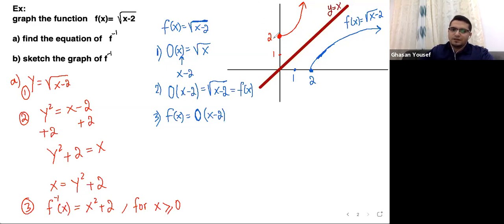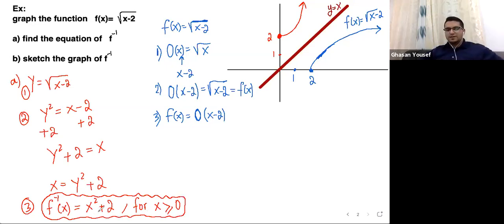We're not reflecting the negative side. So this is the graph here. From the graph, I also have to know the domain, the values I should plug inside the function. So the red curve, this one, is the f inverse of x.